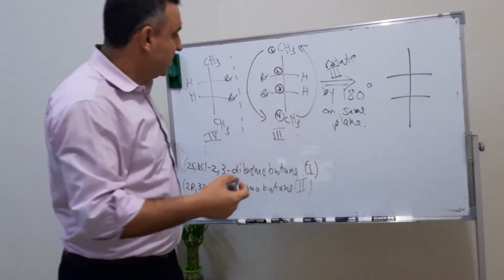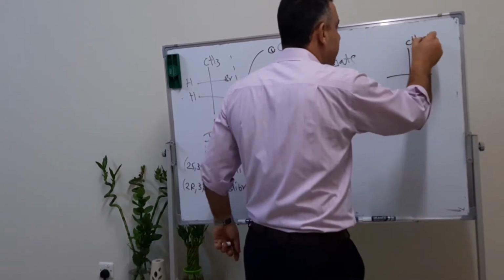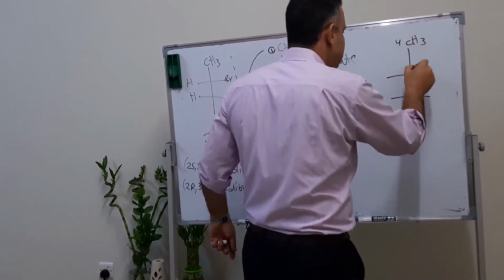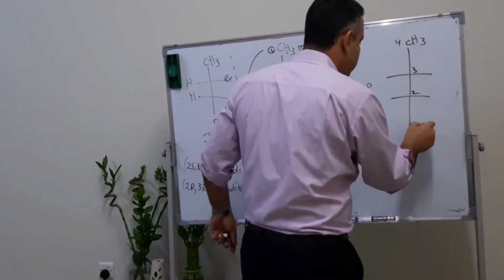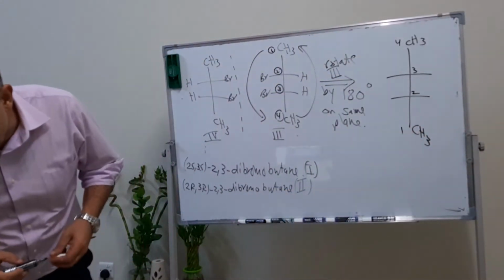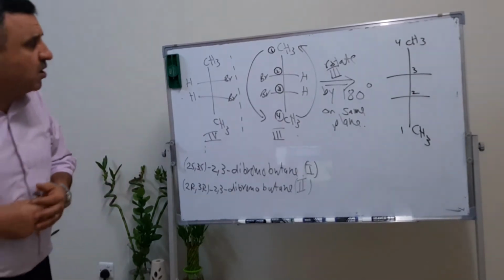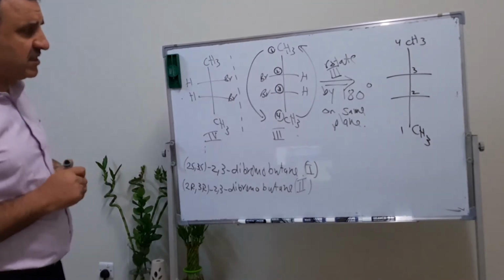So in this case, we are going to get the 4 is here, this is CH3, but this is 4, and this is 3, and this is 2, and this is 1. Do you follow me? This is always this rotation. Is that clear, what I mean by rotation? By 180 on the same plane.